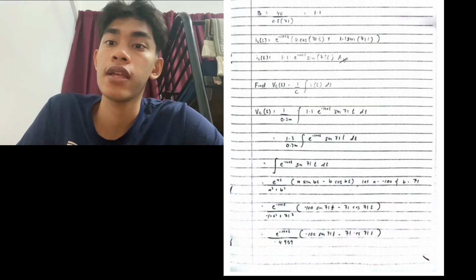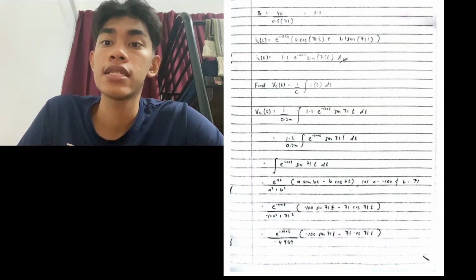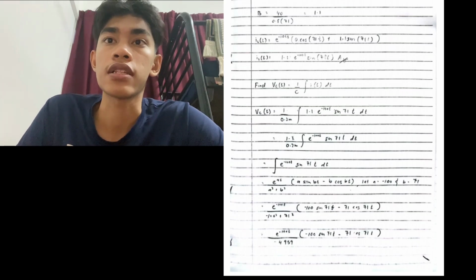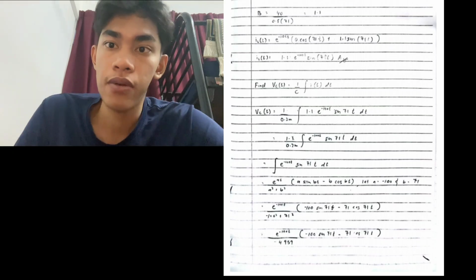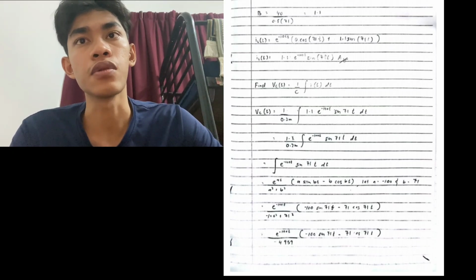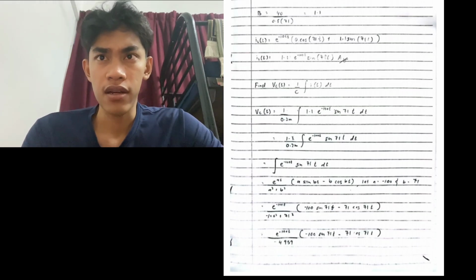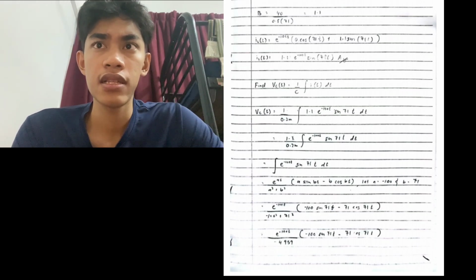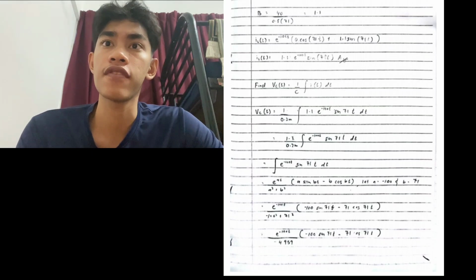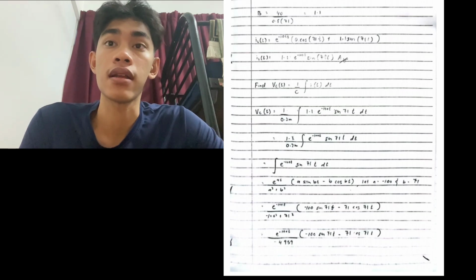After we find A and B, we insert them into the expression. Then we finally get IL(t) equals 1.1 exponent power of negative 70t sin 71t mA. So that is the answer for the underdamped response for the current.